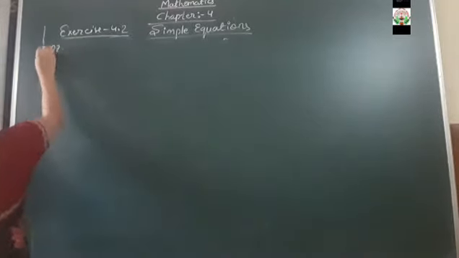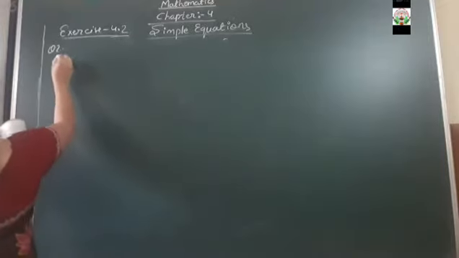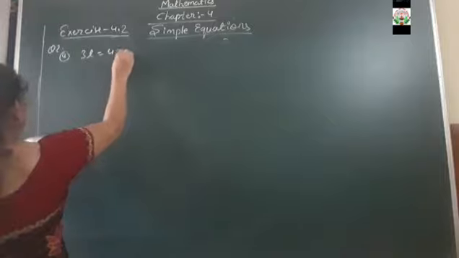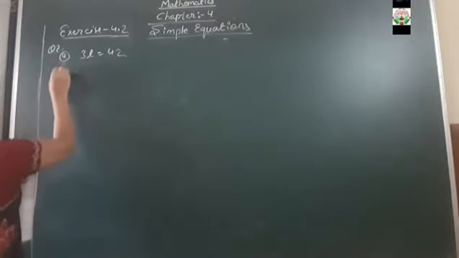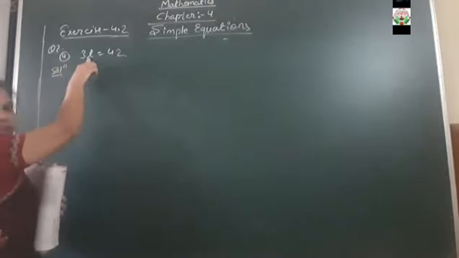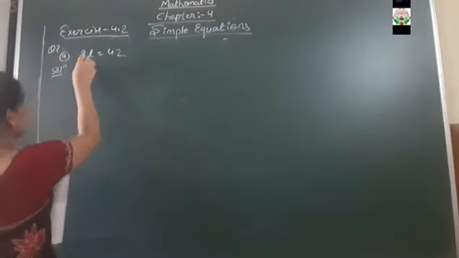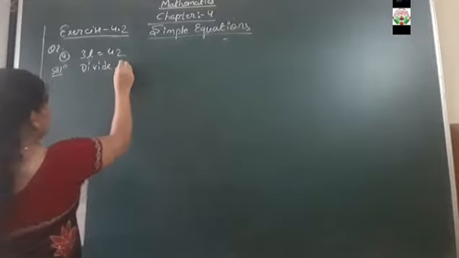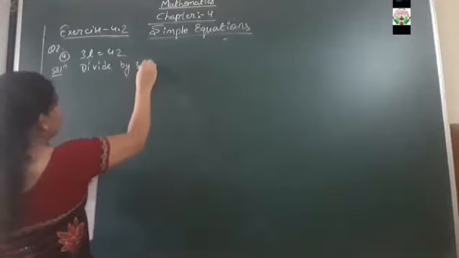Question 2. Here it is, first A part, 3L is equal to 42. Okay, so what step do we have to write? In 3L, we have to remove the 3 from here, then divide by 3 on both sides.